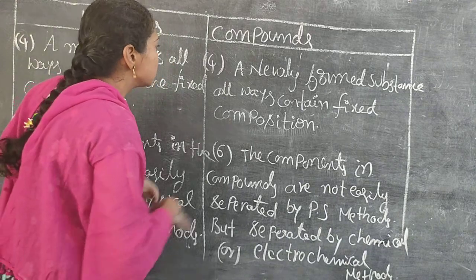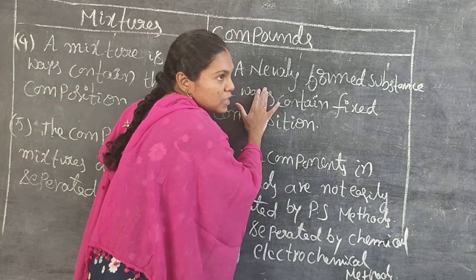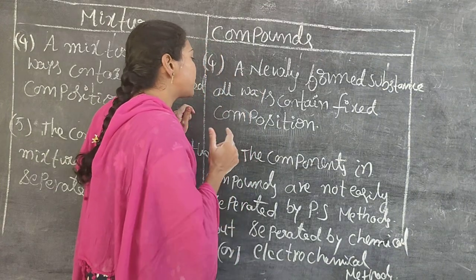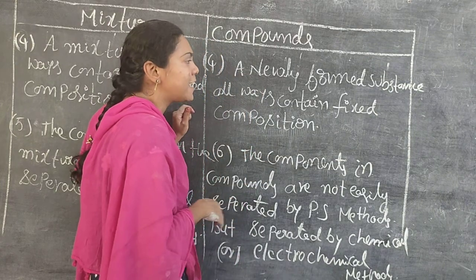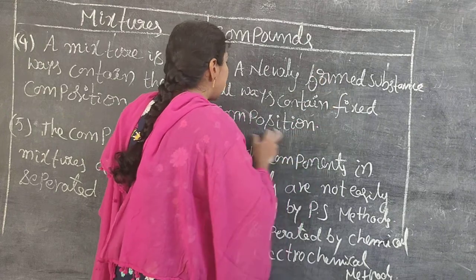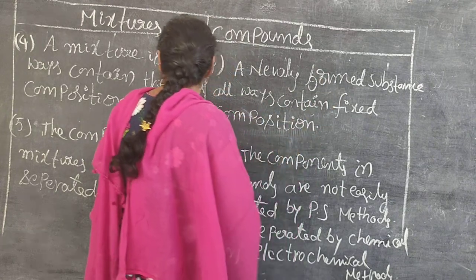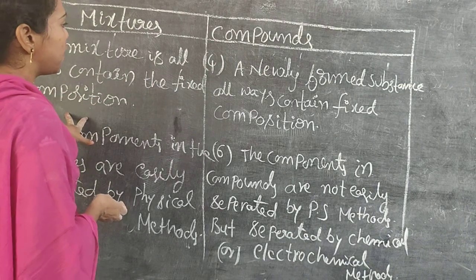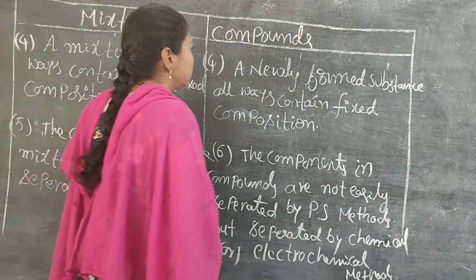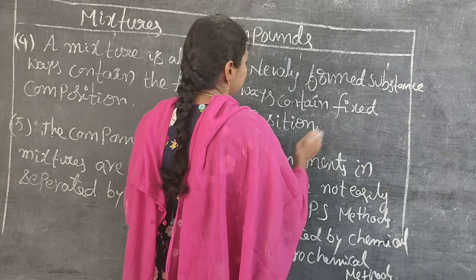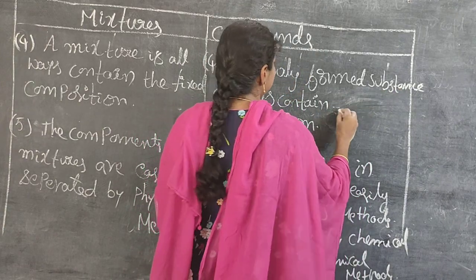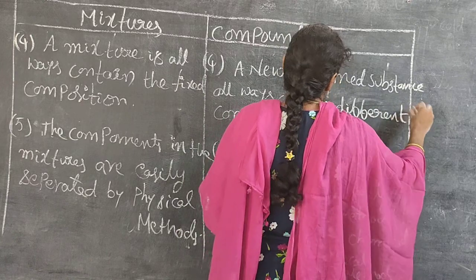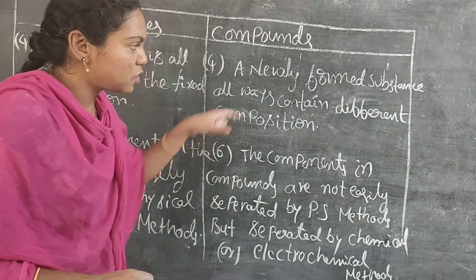But in the compounds, why? Because in the compounds a newly formed product is there. That product is always different from the constituent particles, as I already said. A mixture always contains a fixed composition and a newly formed substance always contains a different composition.